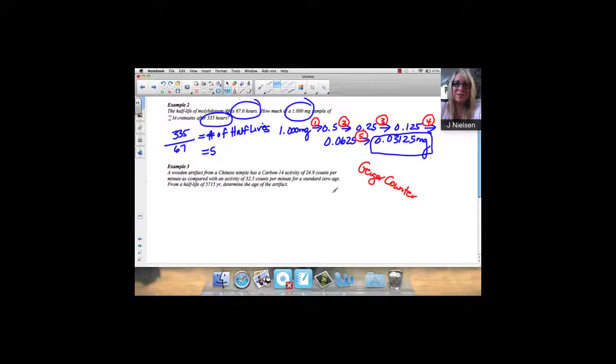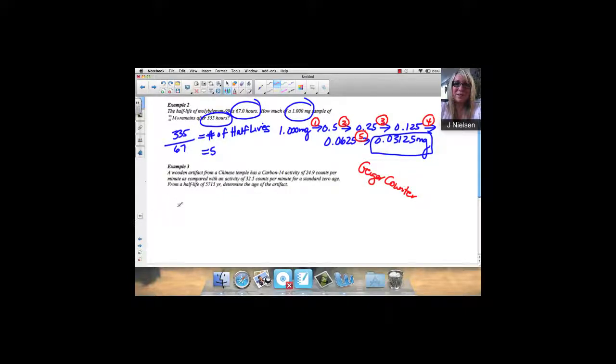A Geiger counter measures the amount of carbon left in a substance. So as carbon decays, as the amount of carbon in the substance decreases, the less that it lights up. So it would have fewer counts per minute. You can see here when it started, it was 32.5 counts per minute, but as the carbon decayed, now we're at a point where it's only 24.9 counts per minute.